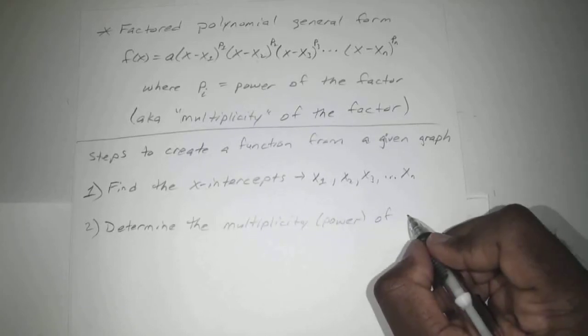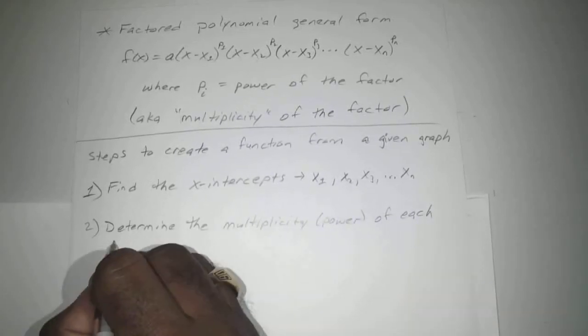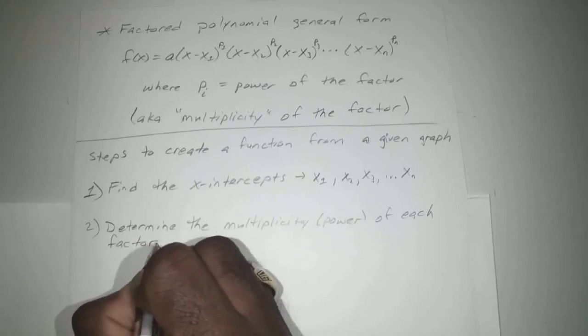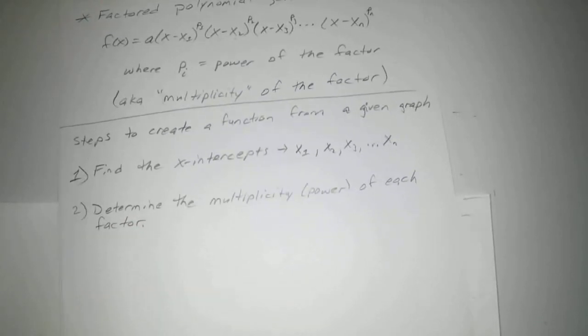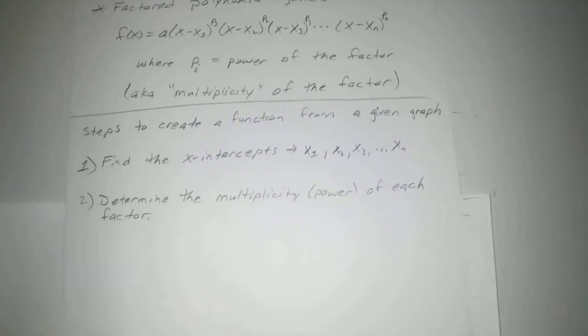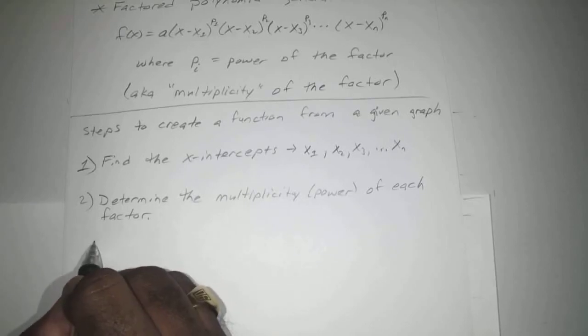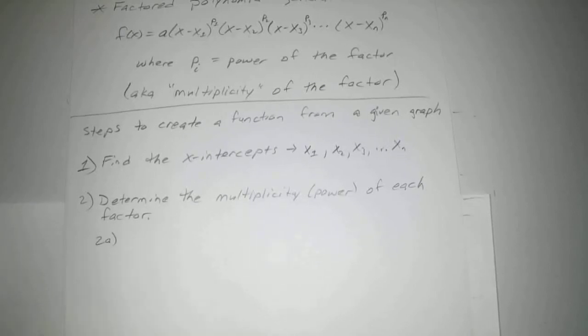No, not each function, each factor. Okay. And there are two ways you can determine the power of a particular x-intercept. So we'll call that 2a. If it crosses through your x-intercept, then you know it's going to be an odd exponent.